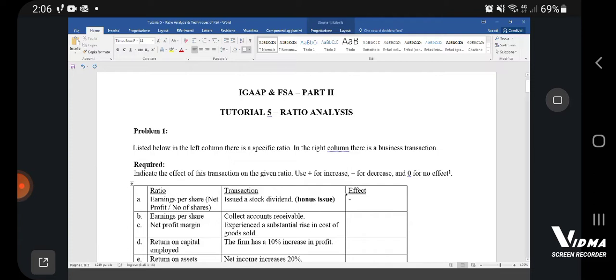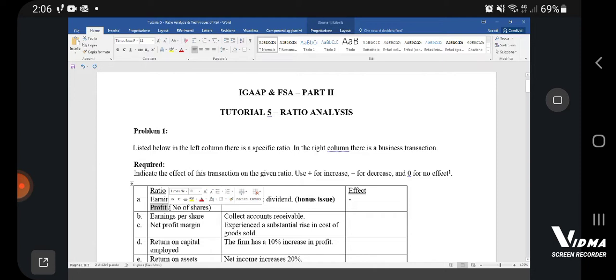We have the same ratio, the same earnings per share, but the transaction right now is the collection of accounts receivable. Obviously, the collection of accounts receivable does not change the number of shares outstanding, and obviously the collection of money from customers does not change the net profit either. The net profit will be increased whenever I sell to the customer, whenever I have a revenue.